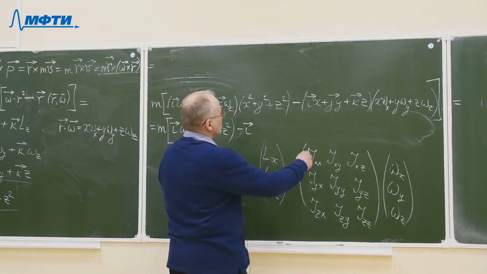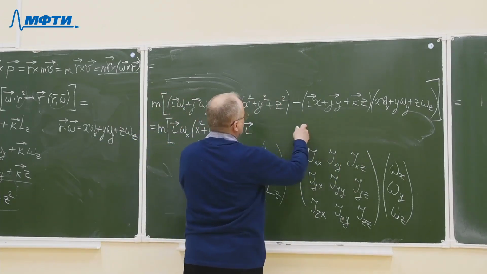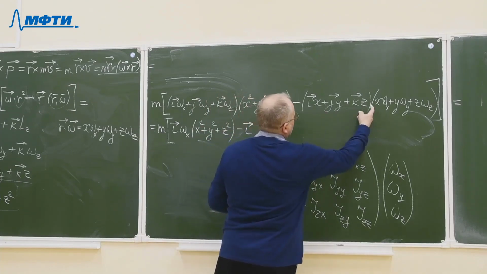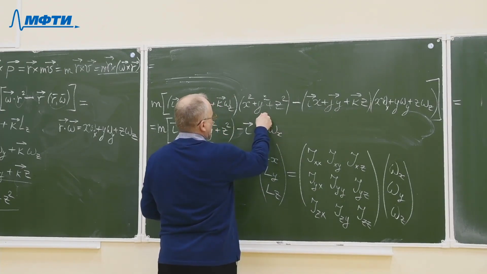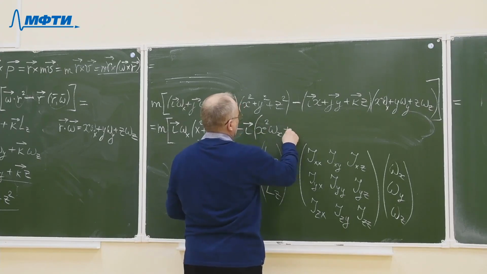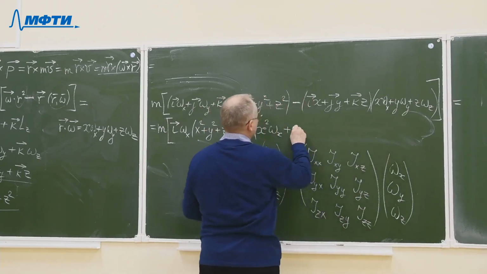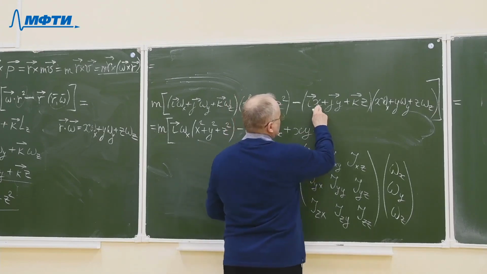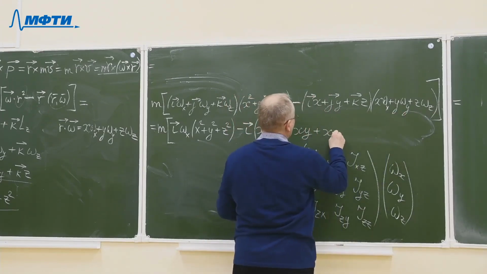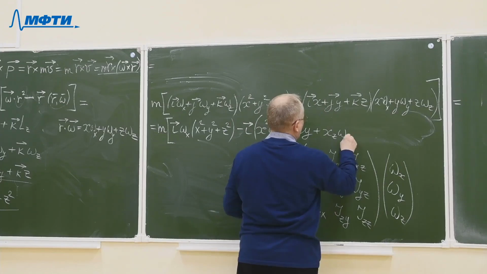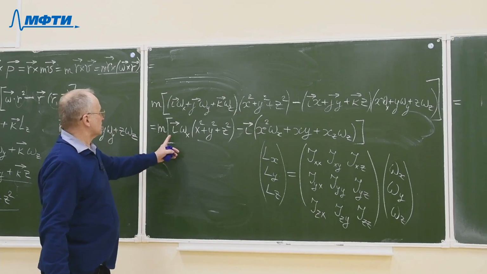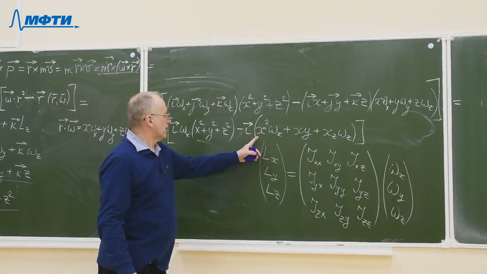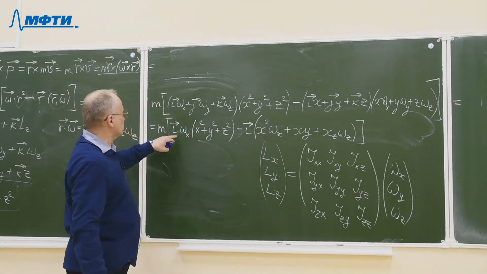So that will be the first coefficient, and from the second term I will find it like i multiplied by x squared omega x, plus x y omega y, plus x z omega z. Such will be the terms found with the unit vector i.